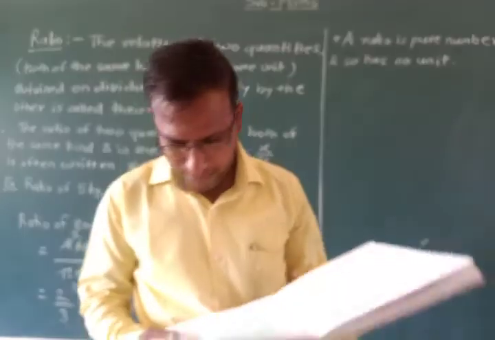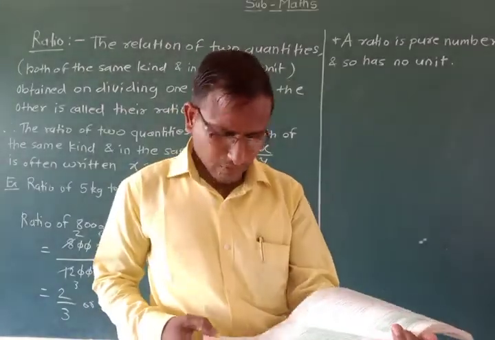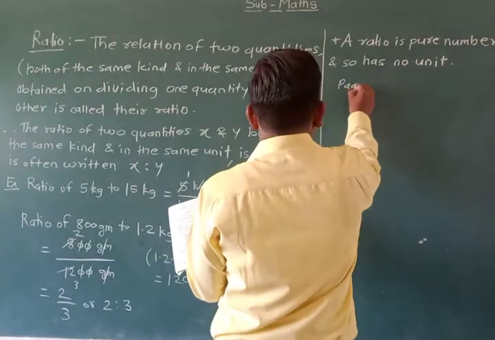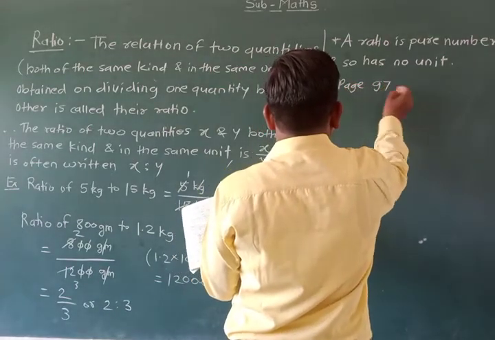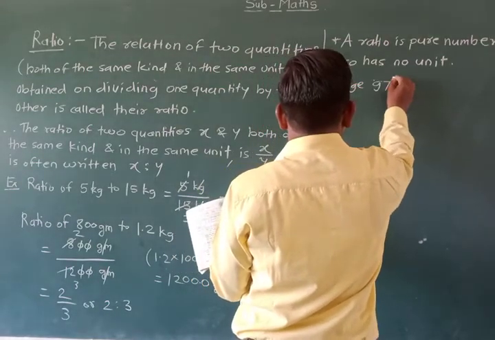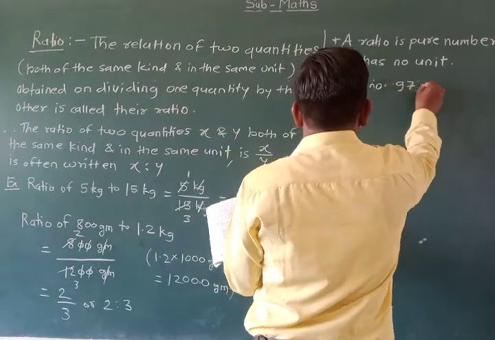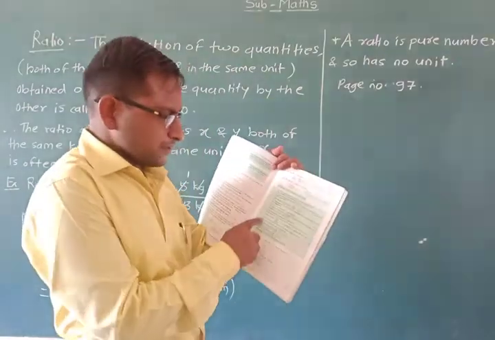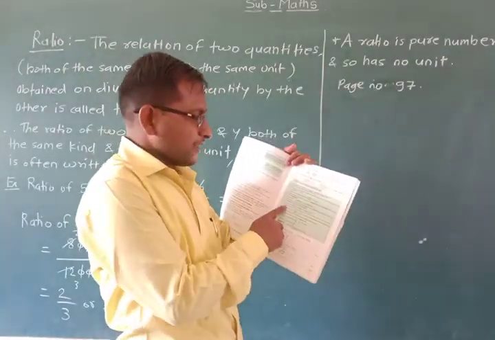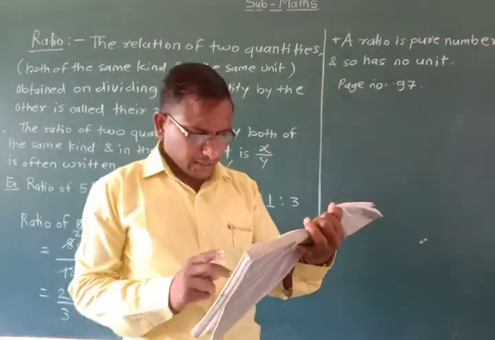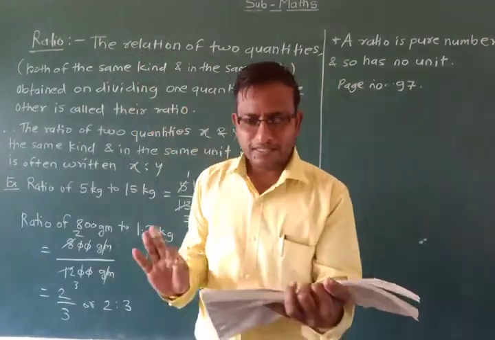Then in your textbook, page number 97, this green paper you write down in your notebook. See here, a total of 6 points are given.